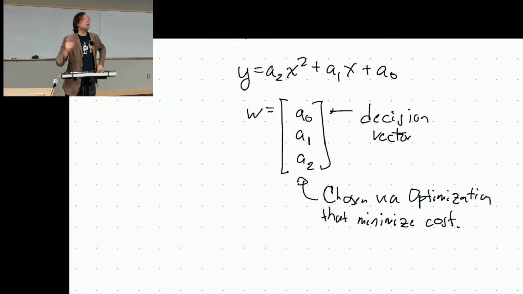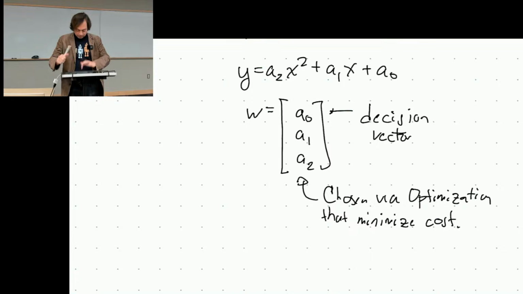But they are not the only decisions that you have made. We made the decision to make it quadratic, right? That's a higher level decision that we made, the number of parameters. There is a name for these higher level parameters. They call them hyperparameters, okay? In this case, the hyperparameter was 3. We want three model parameters, okay?